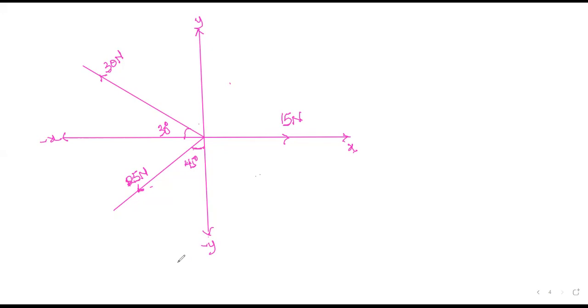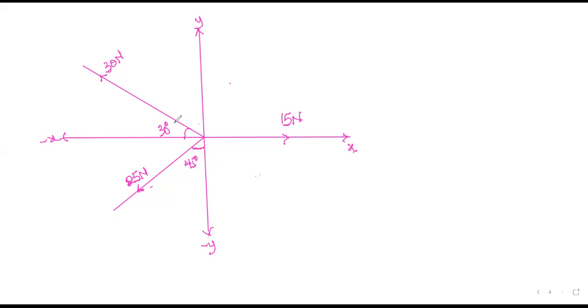Because these are 3 forces acting within the Cartesian plane, you cannot use the cosine rule and the sine rule. That is what I meant by the limitation of the sine rule and the cosine rule.